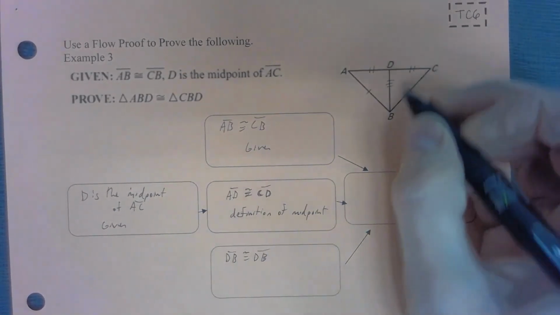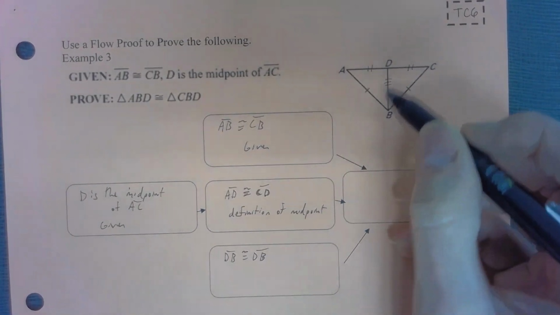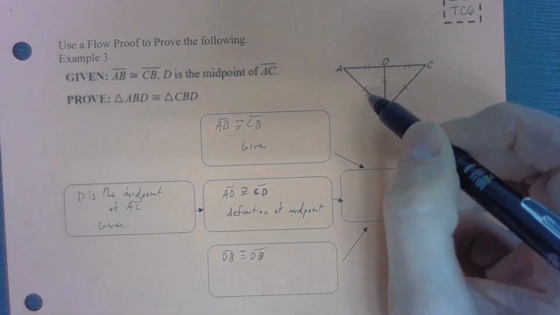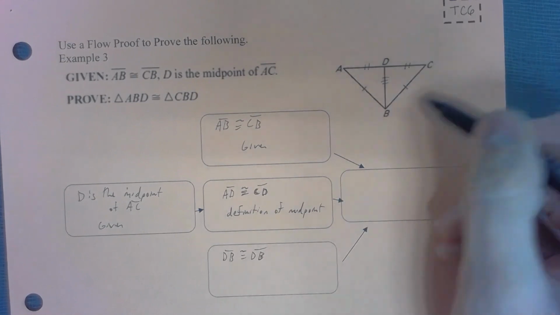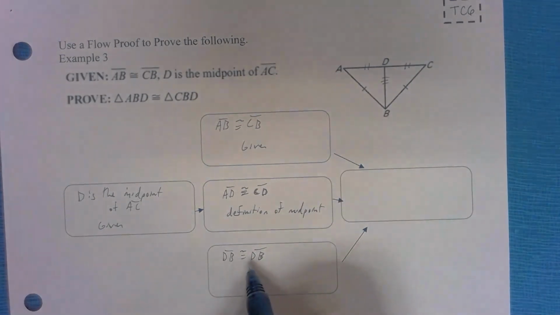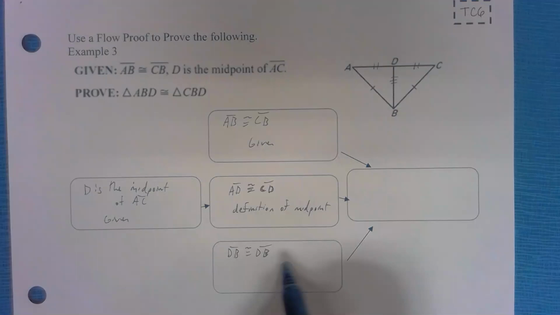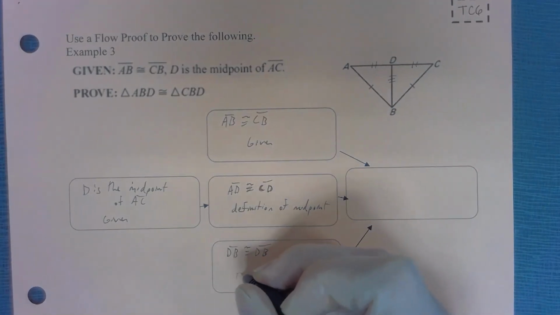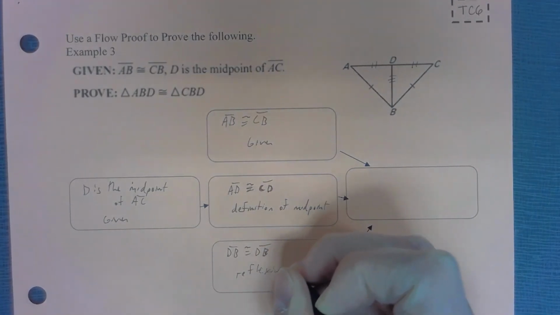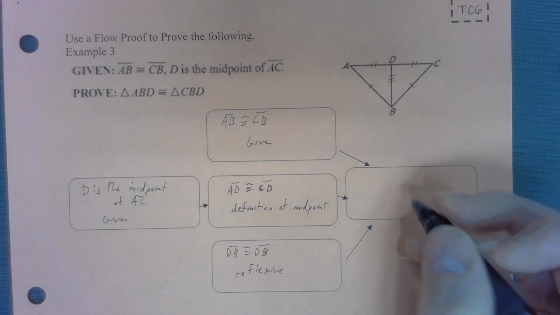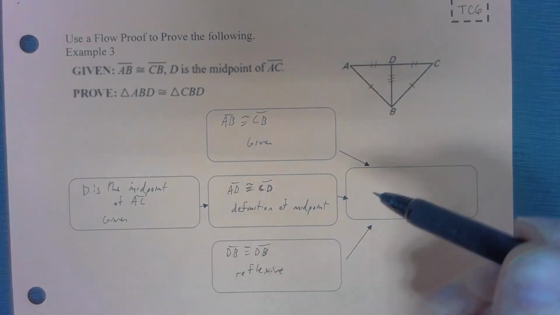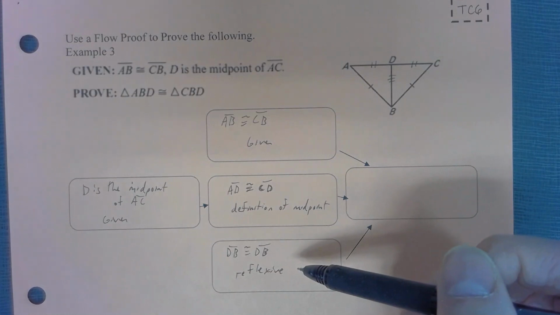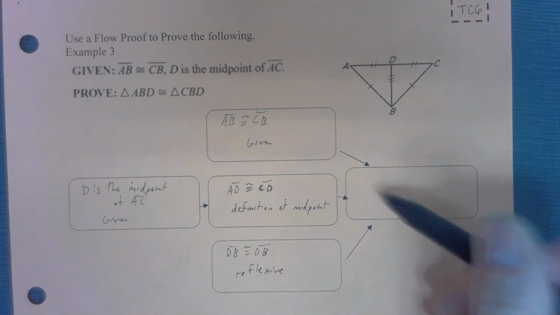The reason we say it's congruent to DB is we're talking about DB in this triangle as one of the sides. We're also talking about DB in this triangle as one of the sides. And all we're identifying here is that it's the same DB. Something is congruent to itself by the reflexive property. So when we're talking about using our congruent shortcuts, we have to have the three things stated explicitly before we can draw our conclusion.